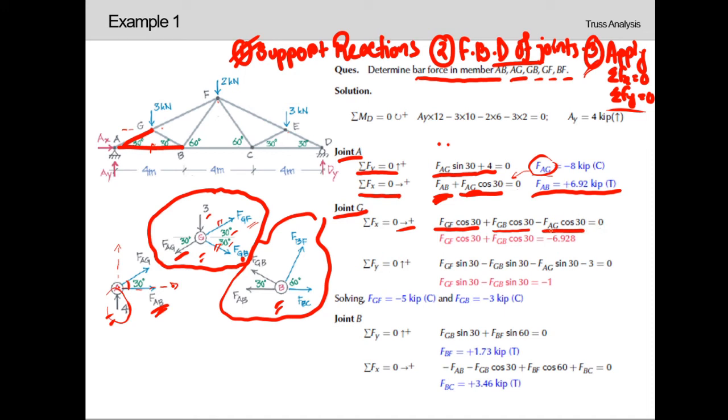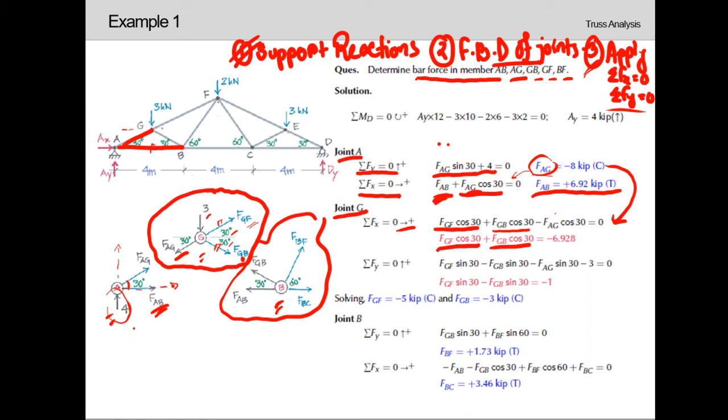Now from here we can see that in our earlier step we have already calculated the value of FAG. Now plugging the value of FAG over here, we will get a relation between FGF and FGB. So our relation will be something like minus 6.92.